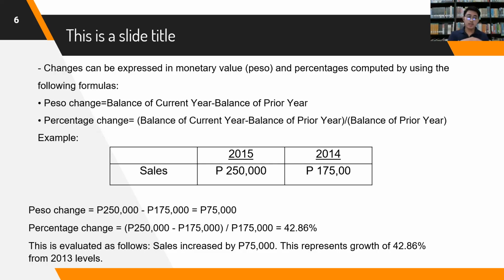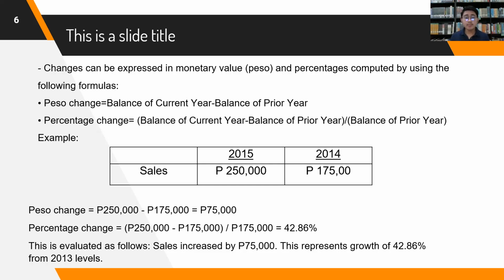For example, we have here, you can look at the screen. So percentage change, we have 250,000 pesos minus 175,000 pesos. So by the way, class, na kulang pa ako ng 0. In year 2014, it's 175,000 pesos. Okay?